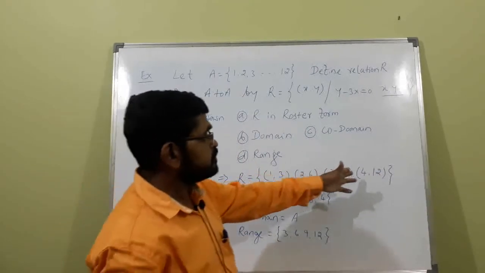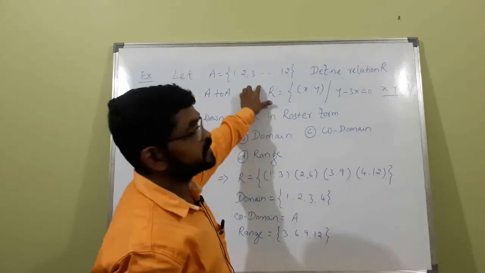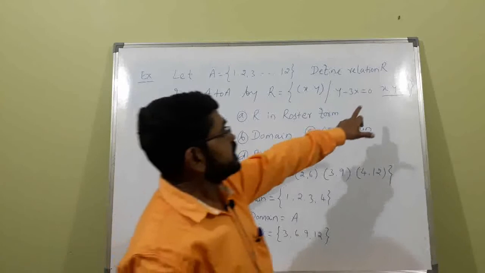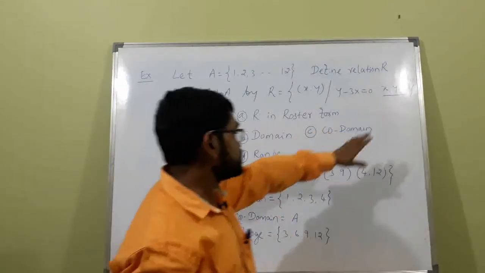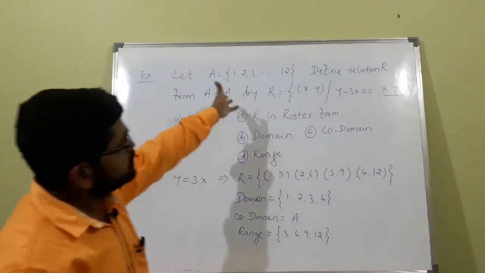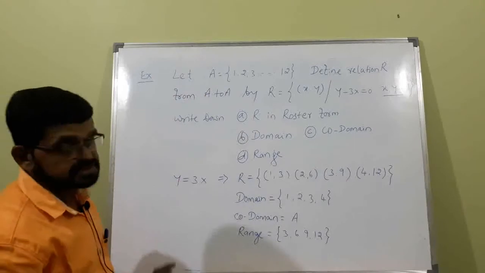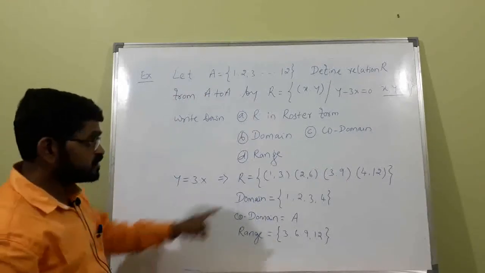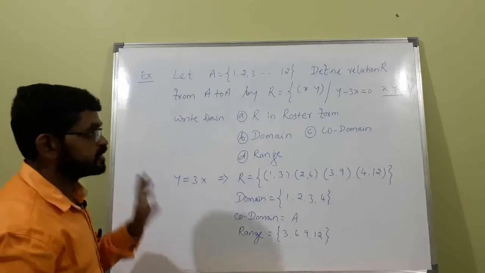If x is 5, y is 15, but 15 is not included here. Suppose if x belongs to A and y belongs to R, then you have to include all numbers, up to x equal to 12, y equal to 36. But here both should be elements of A only.